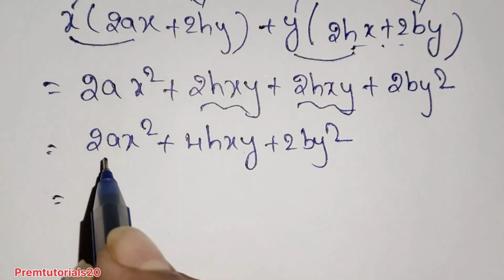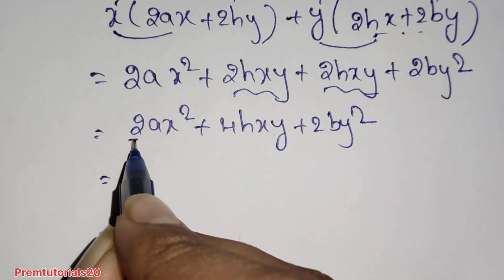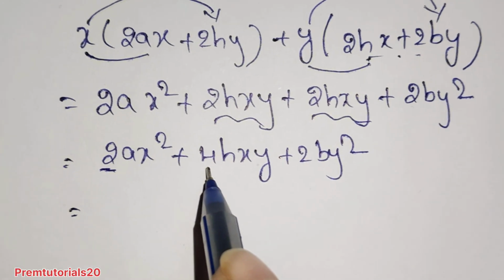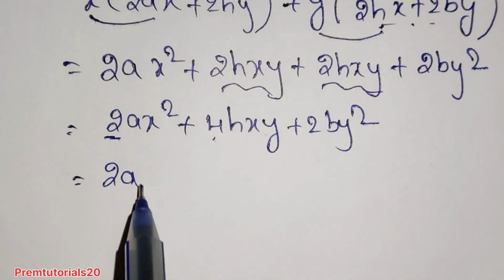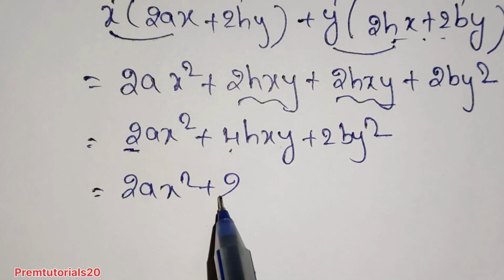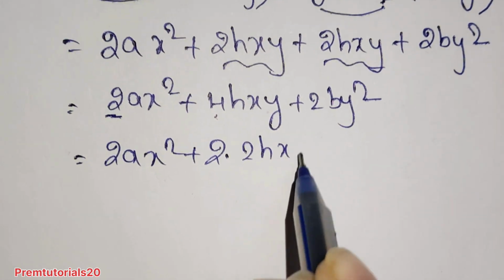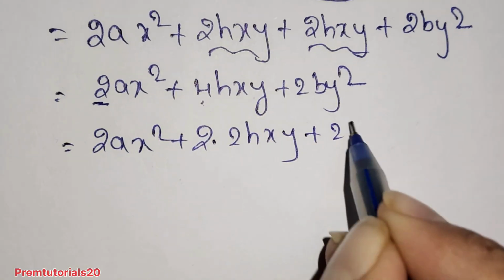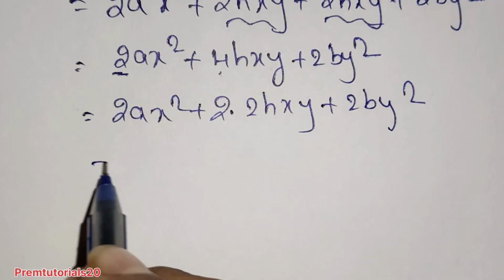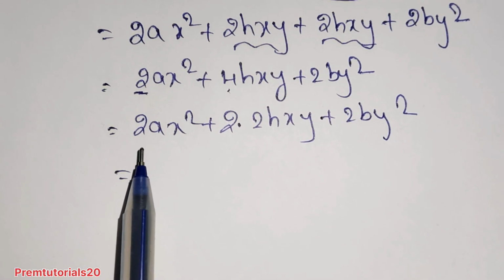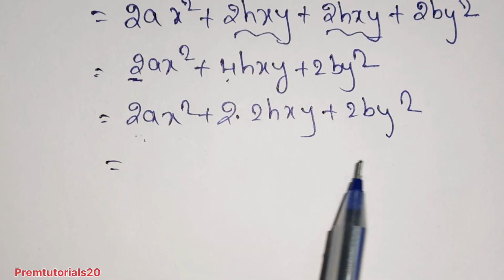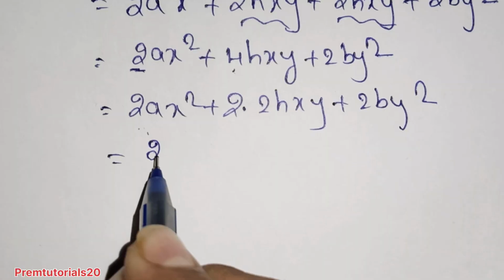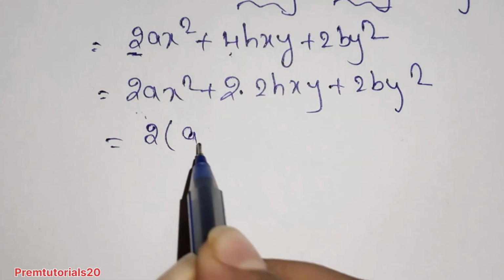Now how to write this: 2ax square plus 2 into 2hxy plus 2by square. The number 2 is common in all the expression, so the 2 is written outside of the expression.